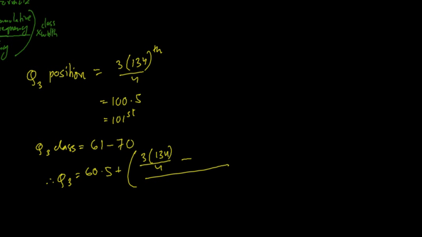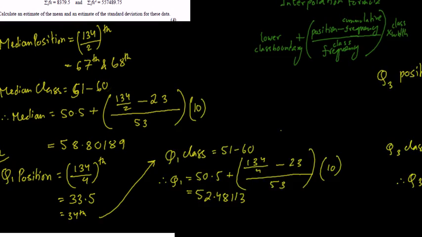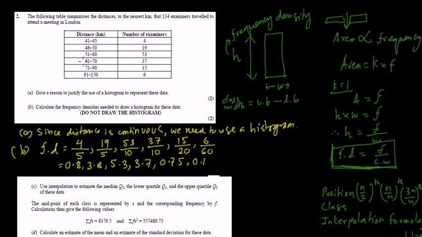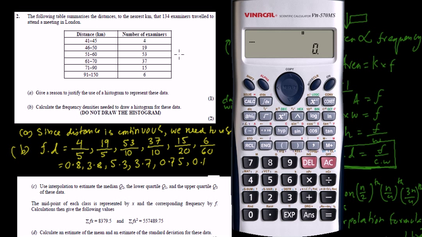Frequency of this class, let me check. The frequency of this class is 37, and the cumulative frequency, meaning total, if we add up all the frequency up to this class, is 4 plus 19 plus 53, which is 76.